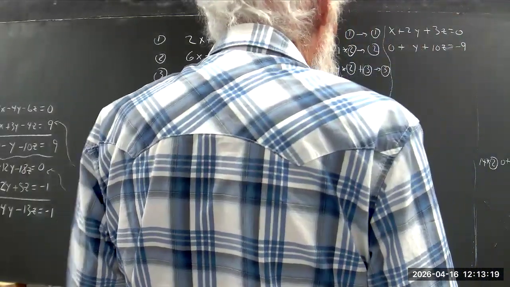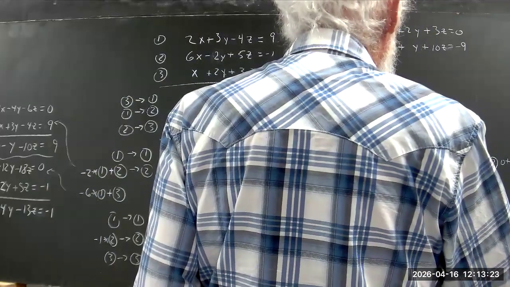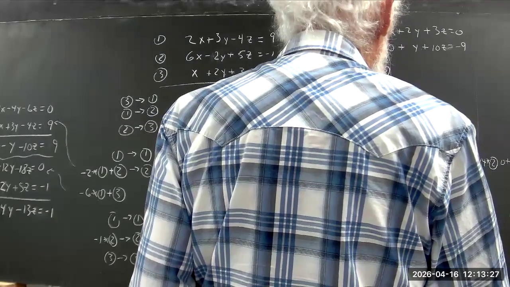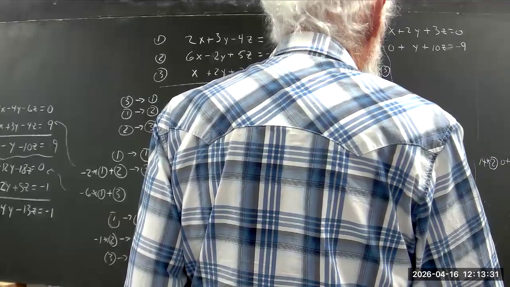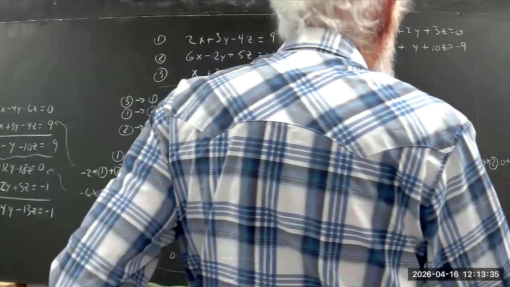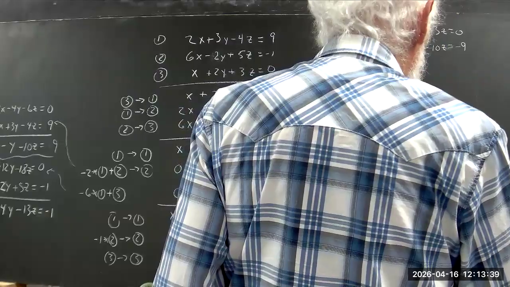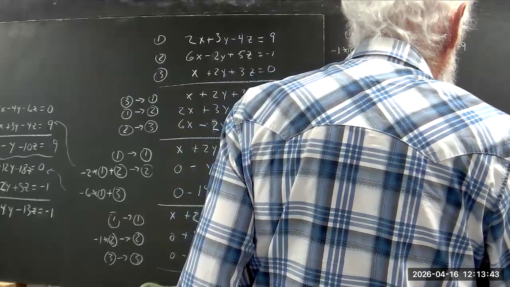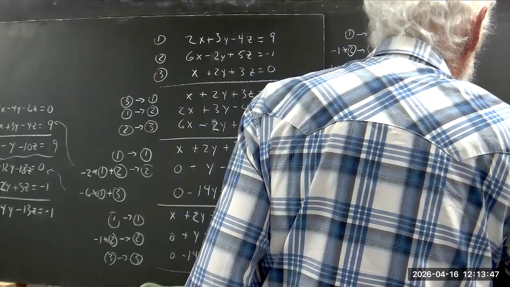I need a little more room to write that out, so I'm going to write it out again. I think I'm safe writing it down here. 14 times equation 2 is 0 plus 14y plus 140z equals negative 126.